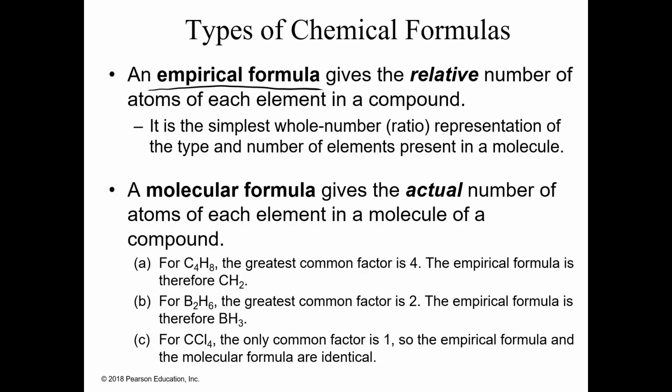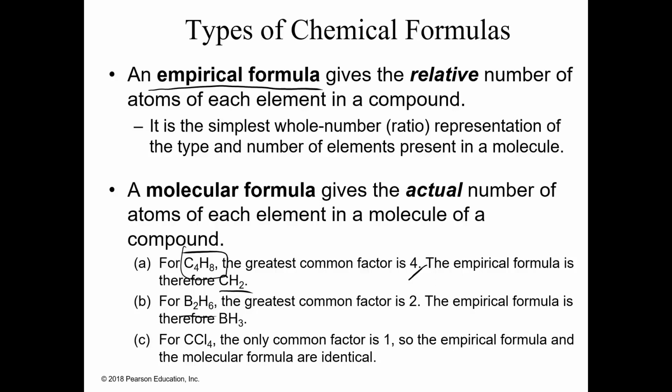So for C4H8, we are in a 1:2 ratio, which doesn't mean that you have 1 carbon and 2 hydrogens. It can mean you have 4 carbons and 8 hydrogens, or 2 carbons and 4 hydrogens. It's still the same ratio. So the empirical formula of C4H8 is CH2, right? You can divide both of them by a factor of 2.